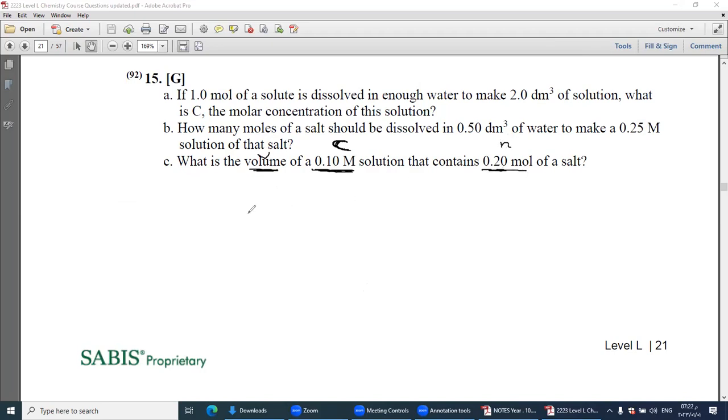The equation is n equals C times V, and we need to obtain V. So V equals n over C. N is 0.2 and C is 0.1, so it will be equal to 2 decimeter cubed.